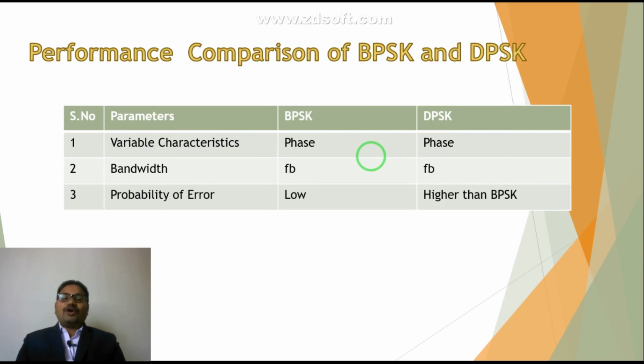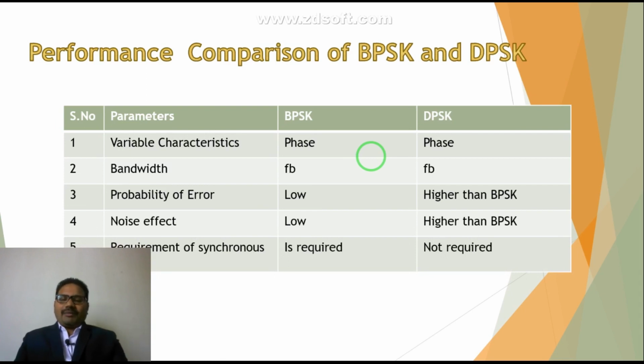The probability of error is low in BPSK, but in DPSK it is higher than BPSK, as I already explained in the drawbacks. Next, noise effect. Noise effect is low in BPSK, whereas it is higher than BPSK in DPSK.